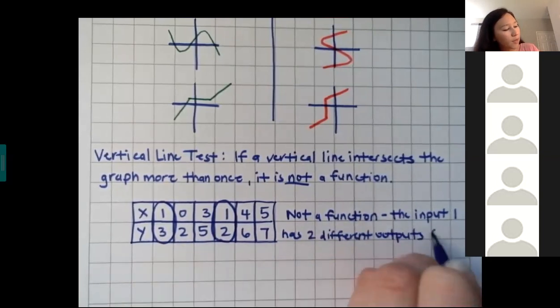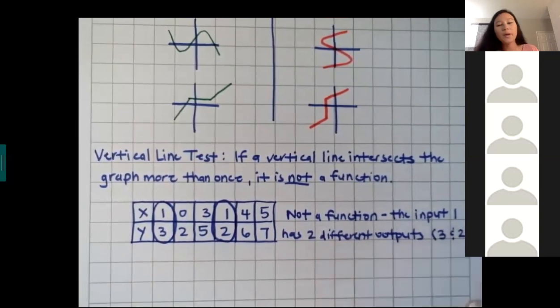We got 3 one time and we got 2 one time. Any questions on why that table is not a function?